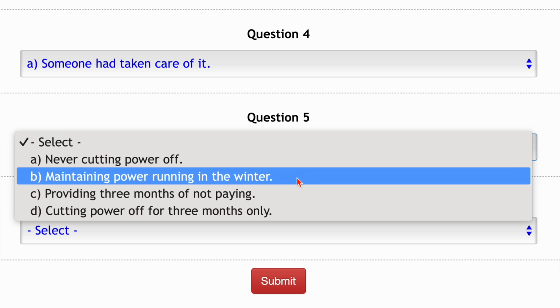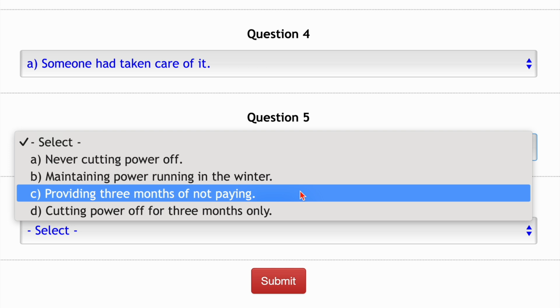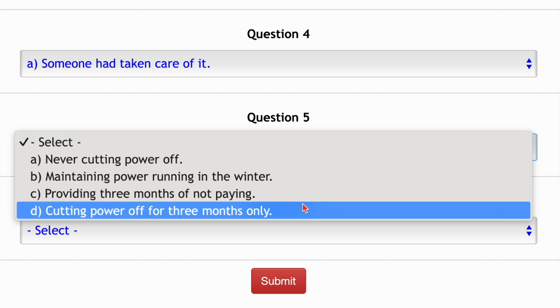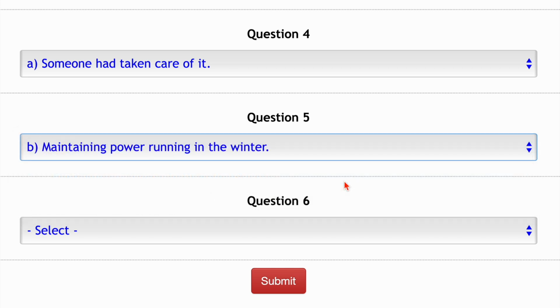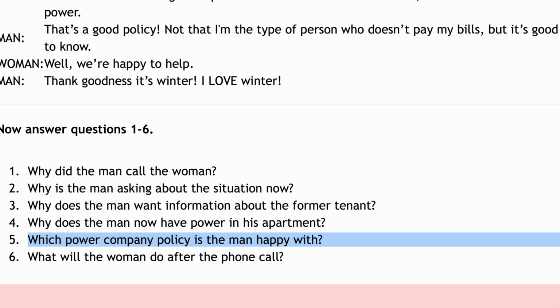So running means working. So they keep the power working in the winter, providing 3 months of not paying. So 3 months of free service. Cutting power off 3 months only. I think it was something to do with B.